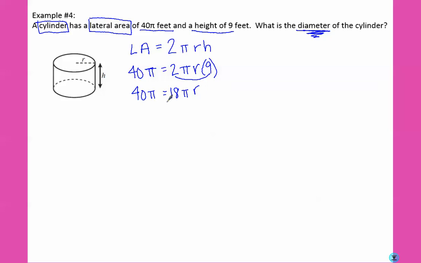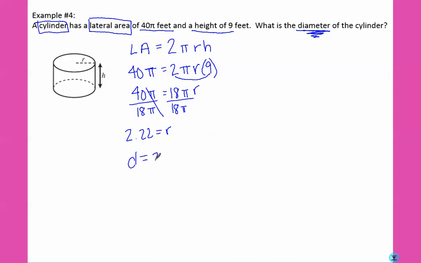Since these are all being multiplied, I'm going to divide by 18 pi. Divide by 18 pi. The pi's would cancel out, and 40 divided by 18 is 2.22, which gives us the radius. But remember, we're trying to find the diameter.